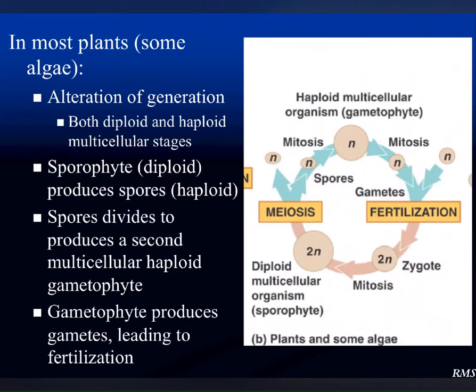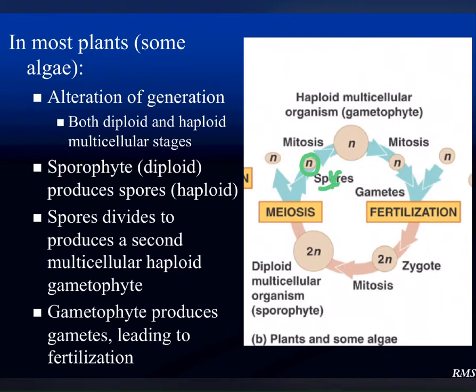Now, when you look at the plants and algae, they're going to also do this back and forth. They're going to have the sex cells, sperm and egg, come together through fertilization to make a zygote. That zygote's going to go through mitosis to make a multicellular organism. That multicellular organism is going to produce, once again, haploid cells through meiosis that are called spores. You don't have to necessarily know that.